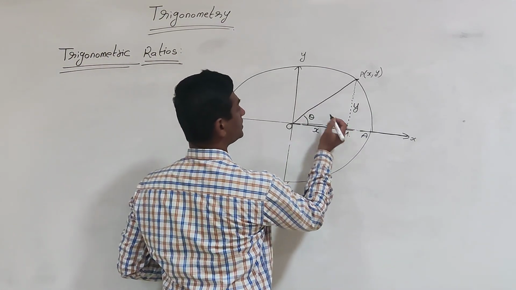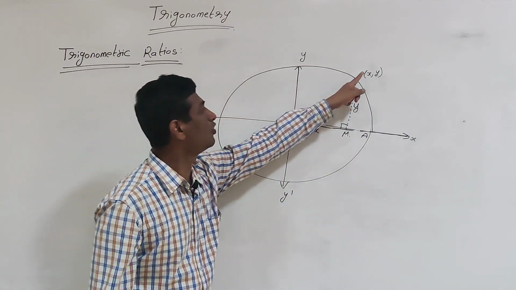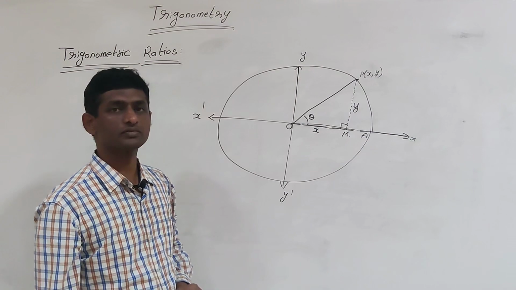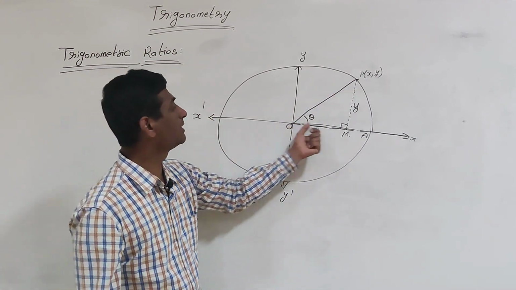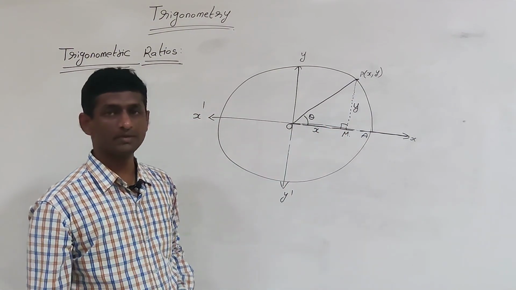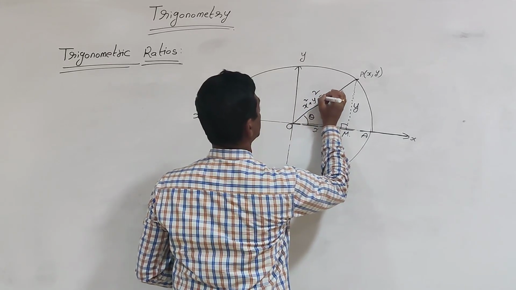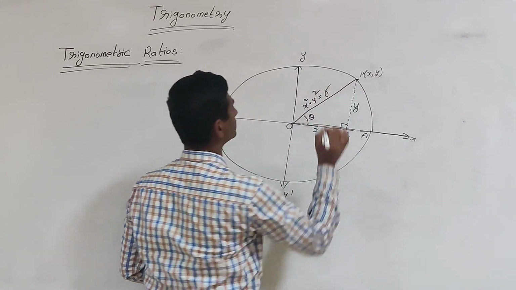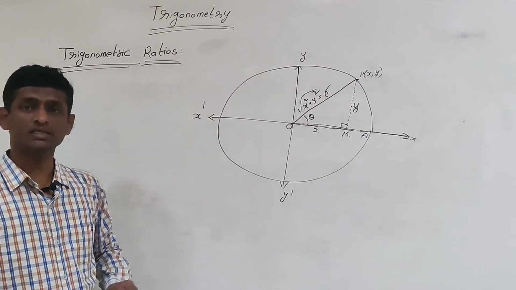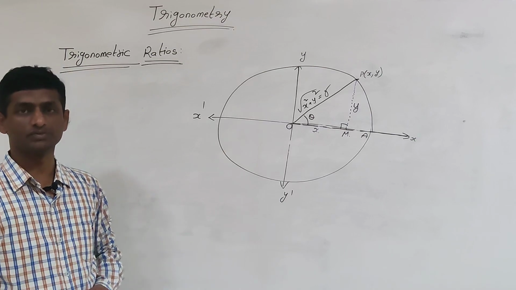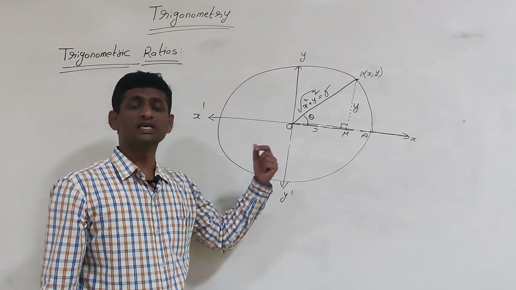So the distance OP will be the square root of the sum of the squares of OM and MP, that is, the square root of x square plus y square, and it is treated as r. r will be positive.